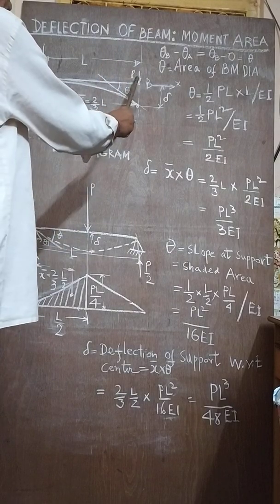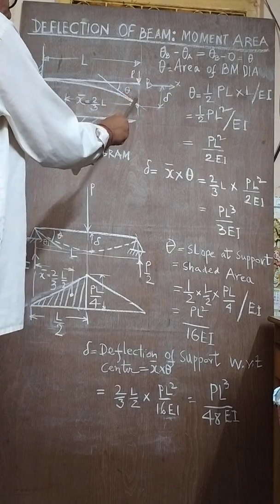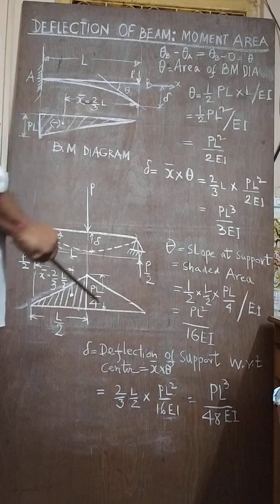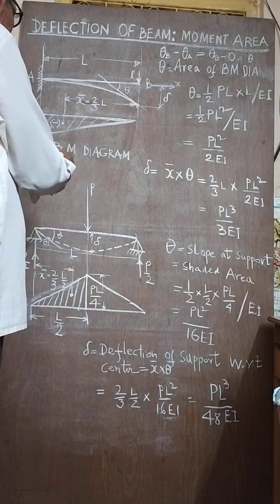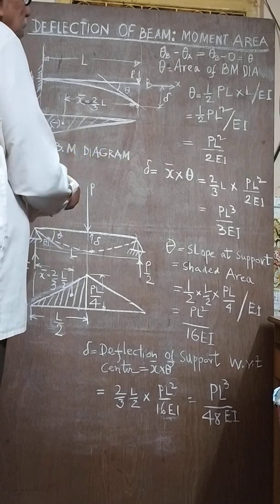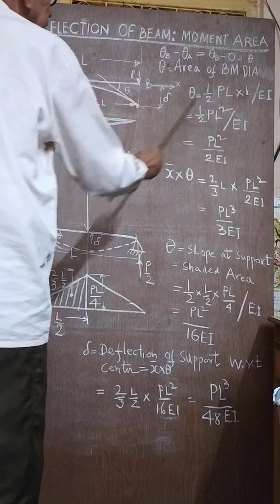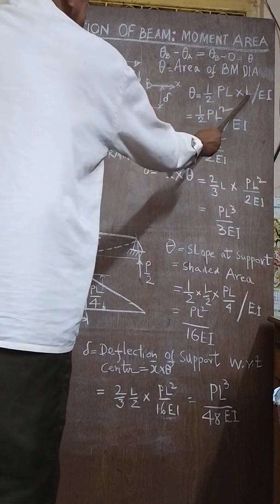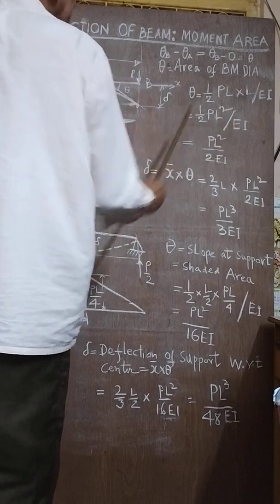P is the load on the cantilever beam at the free end, so PL is the bending moment. So what is the area of the curve? This is L, this is PL, so it's a right angle triangle. The area of the triangle is half base into altitude: half, this base L, PL, divided by EI.